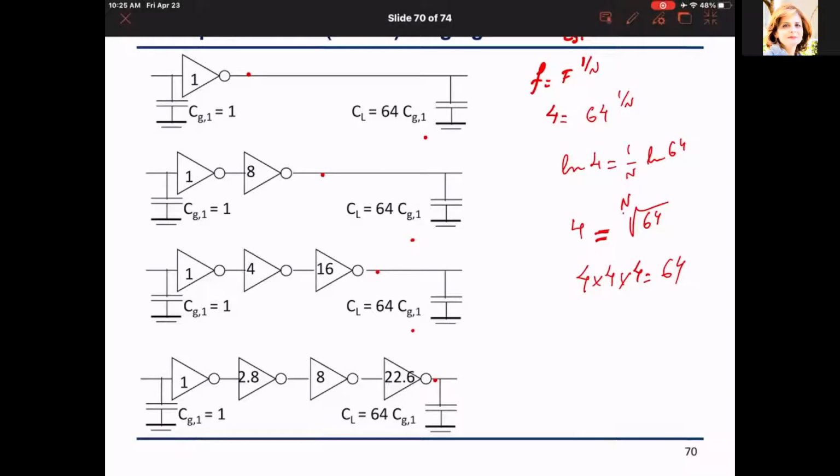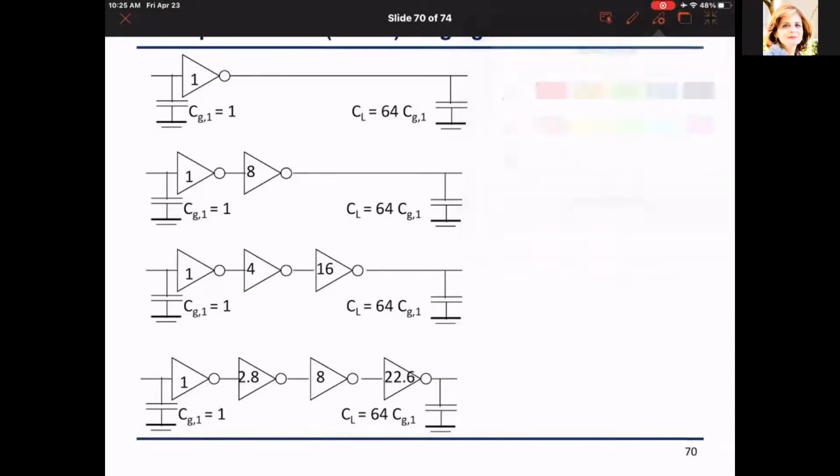Okay, so I expect around 3 stages will give me the optimal.